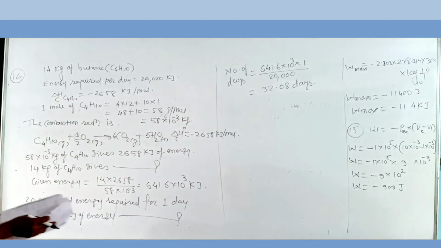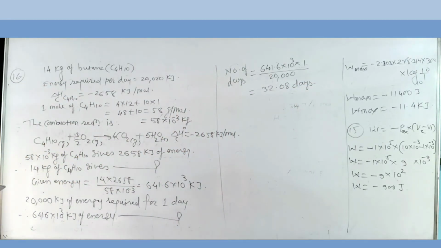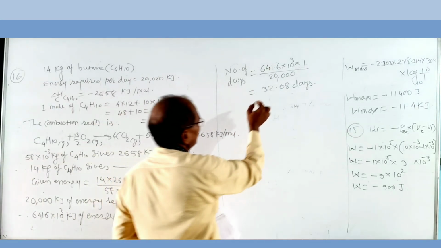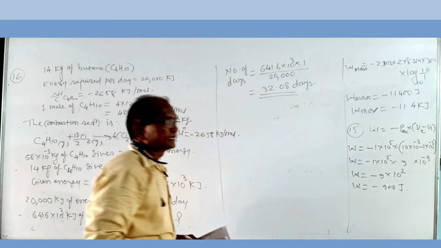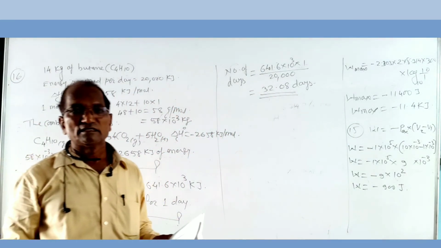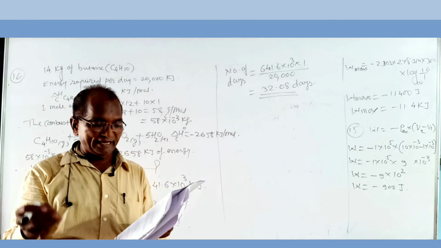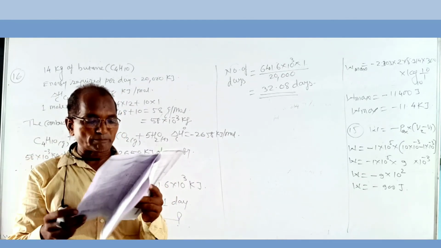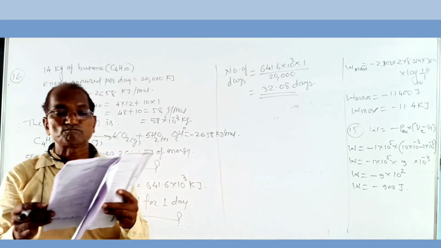Therefore, our answer to MCQ 16 is E, 32 days. 14 kg of butane lasts about 32 days for cooking for the family.